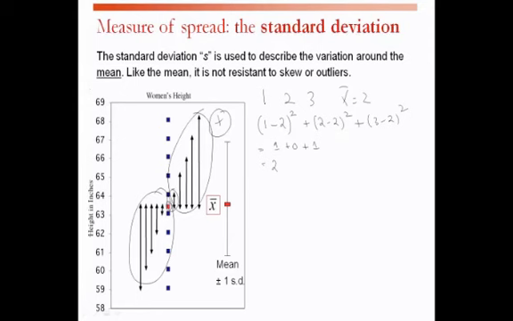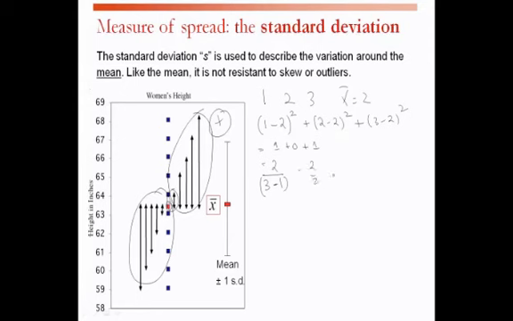So I'm going to take the value I got and divide it by the number of items, which is 3, minus 1, and I'll talk about that later on. But for the moment, just presume it's always n minus 1. If I had 5 items, I would do 5 minus 1 in the denominator. So this turns out to be 2 divided by 2, or 1.